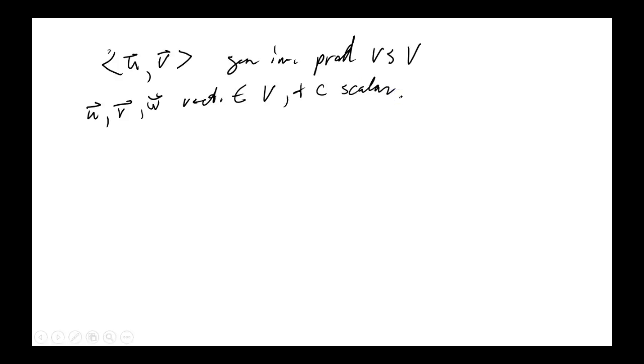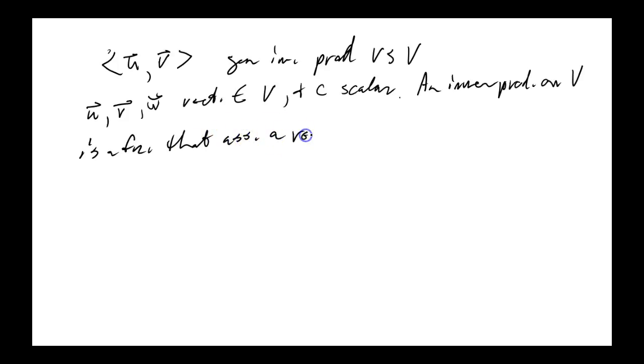Okay. An inner product on V — strange they use the preposition "on V" — is a function that associates a real number, and this real number is ⟨u, v⟩.